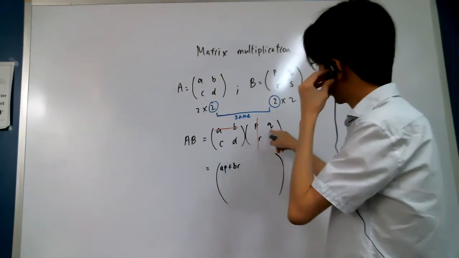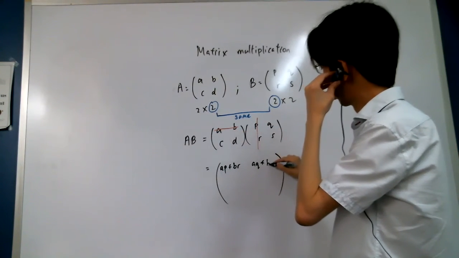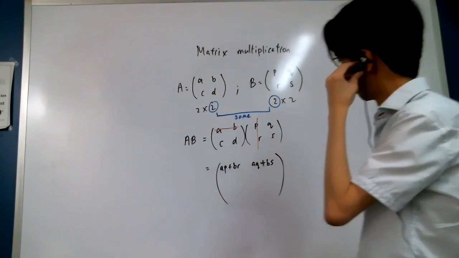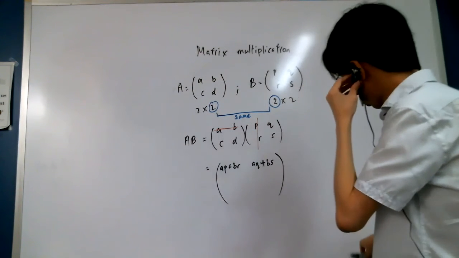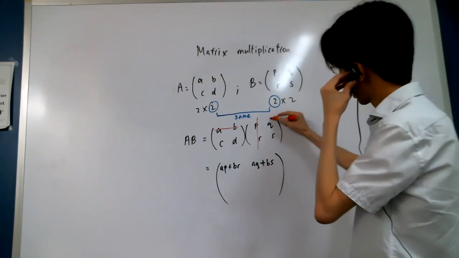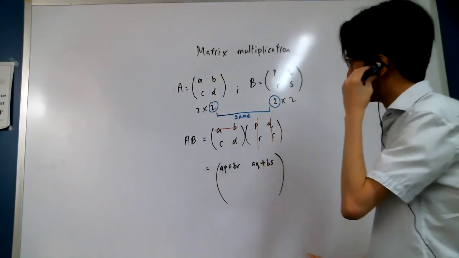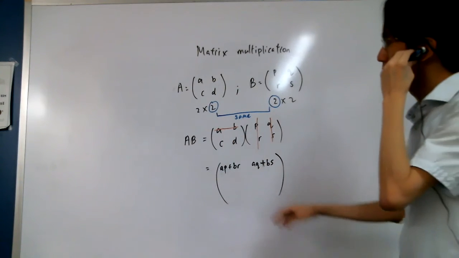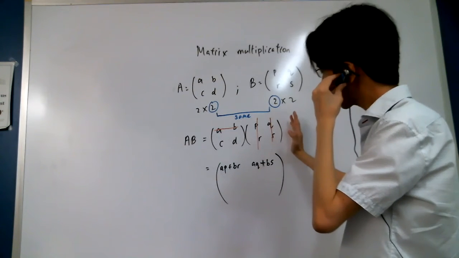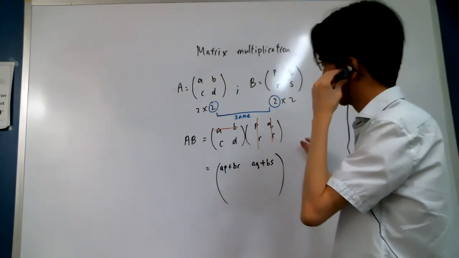So it'll be A times Q plus B times S. Once you are done with the first row and the remaining columns, since in the second matrix there's only second column, you can move on to the second row. So the rule is after you take the first row multiplied by all the columns in the second matrix, then you move on to the second row and repeat the same procedure again.